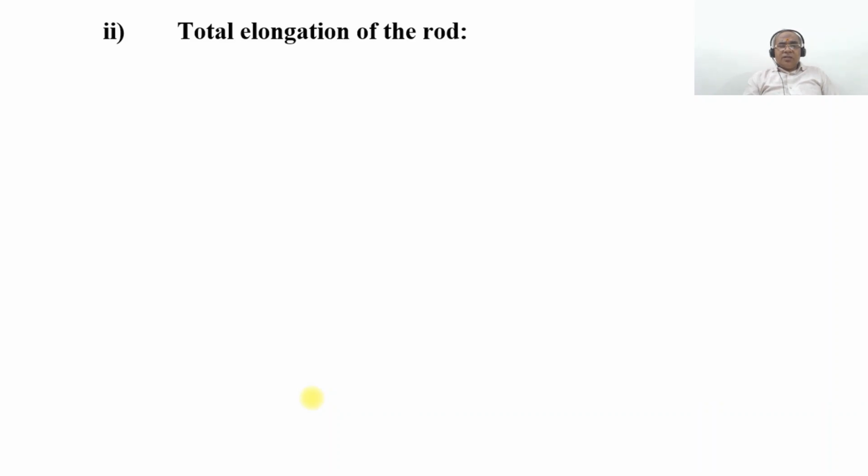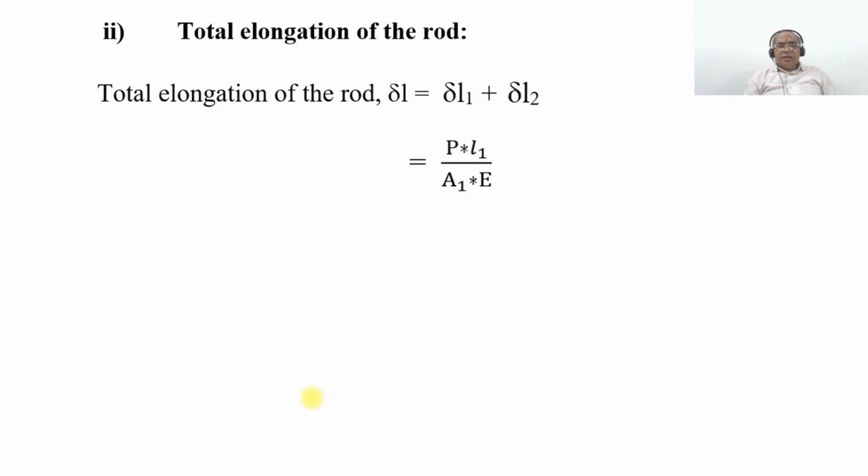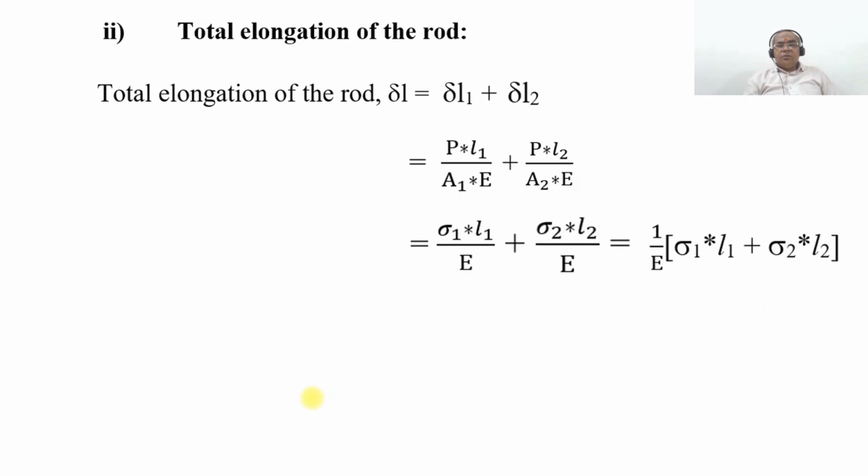Then what is the total elongation of the rod? The total elongation delta L will be equal to delta L1 plus delta L2, so P into L1 by A1 into E plus P into L2 by A2 into E. That is P by A1, which is sigma 1, into L1 by E, plus sigma 2 into L2 by E, which equals 1 by E into sigma 1 L1 plus sigma 2 L2.